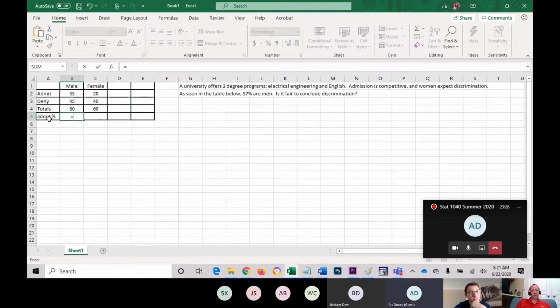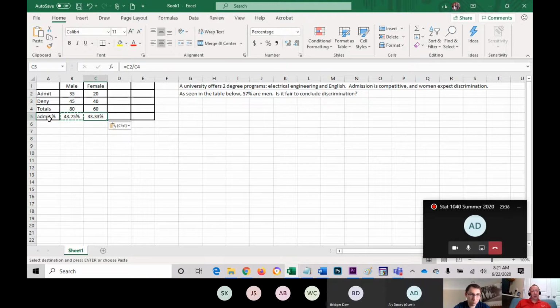You just take the 35 divided by 80, and then for the female, the 20 divided by 60. Okay, so I'll copy that formula. So we've got 43% of men are admitted, but just 33% of women. So what do you think, Allie? Well, statistically there is a difference, so there might be discrimination, but I'm guessing there's something else that can make that more accurate. I just don't know what it is yet.